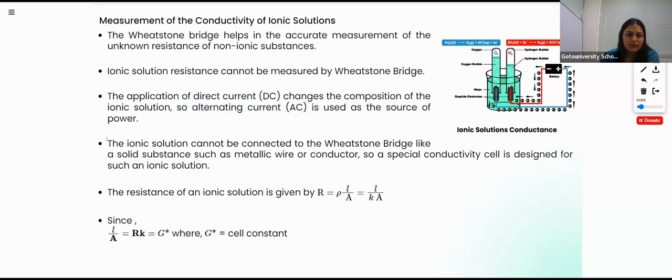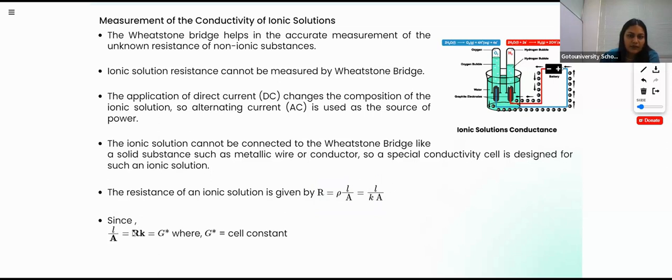For the other problem, an ionic solution cannot be connected to a Wheatstone bridge like a solid substance or a metallic wire. So to solve that in the conductivity cell, we have designed an ionic solution setup where the resistance formula is used, that is rho L by A.